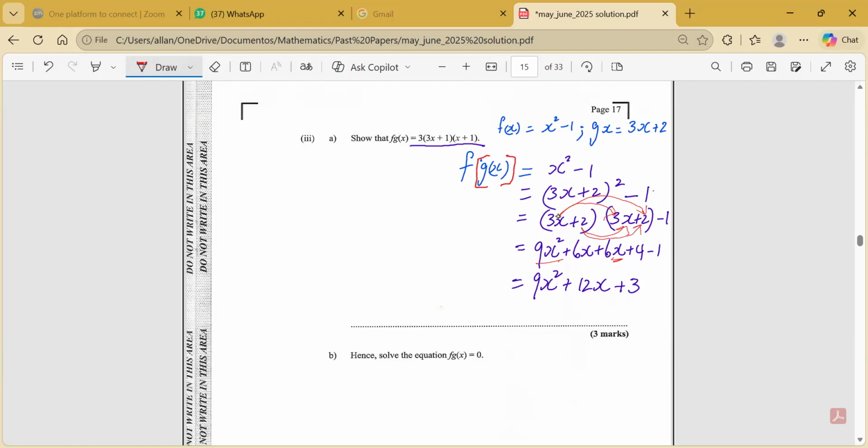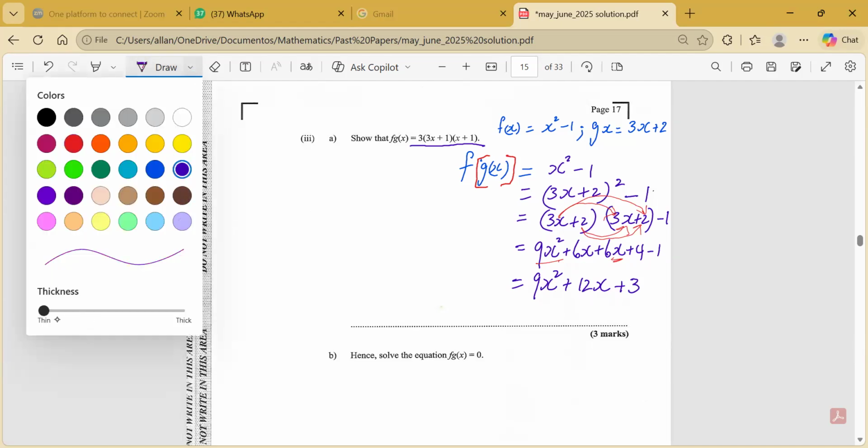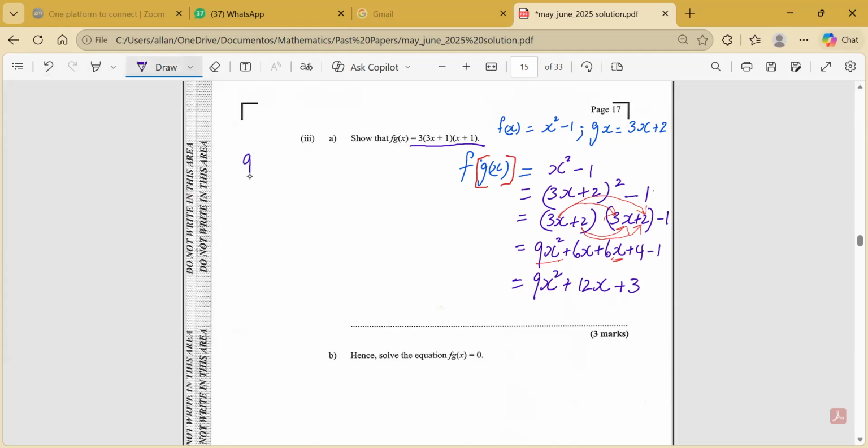So now we have to simplify this. You could just simplify it like that, or you could say, with your 9x squared plus 12x plus 3, you could factorize.